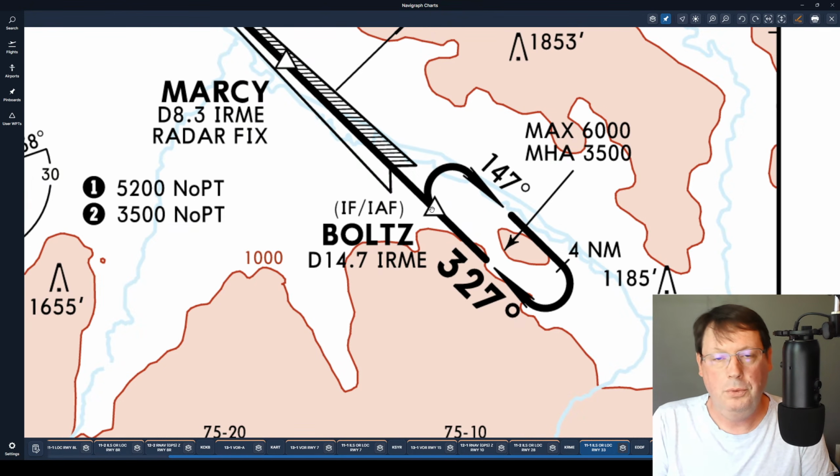The reason I don't like parallel entries, first of all, you parallel the inbound heading, so you're a little bit on the unprotected side of the inbound heading. But this is a right-hand turn hold, and your first turn in the hold is to the left.